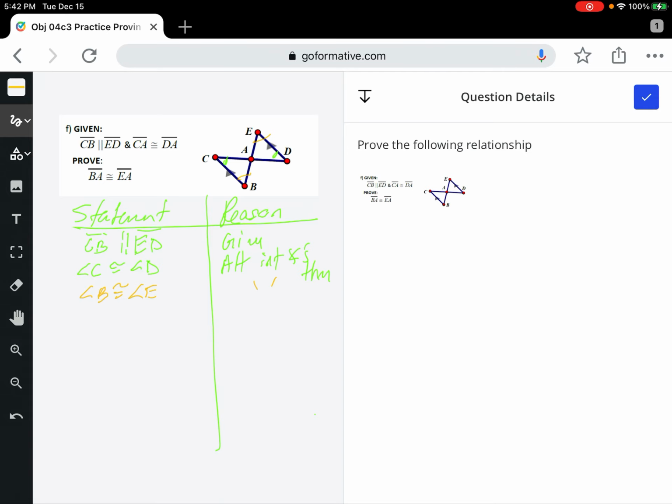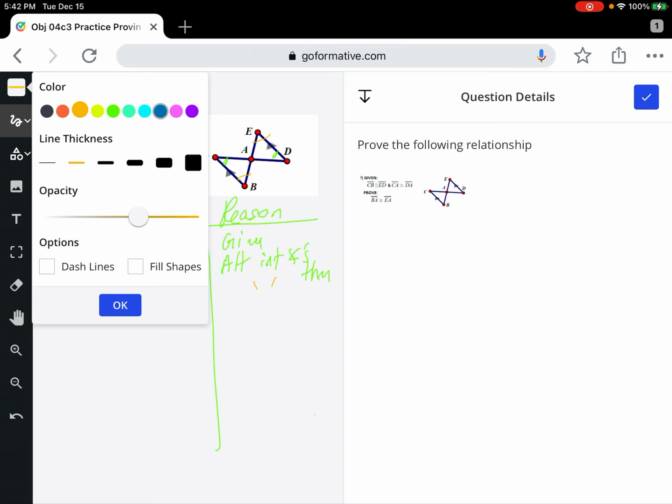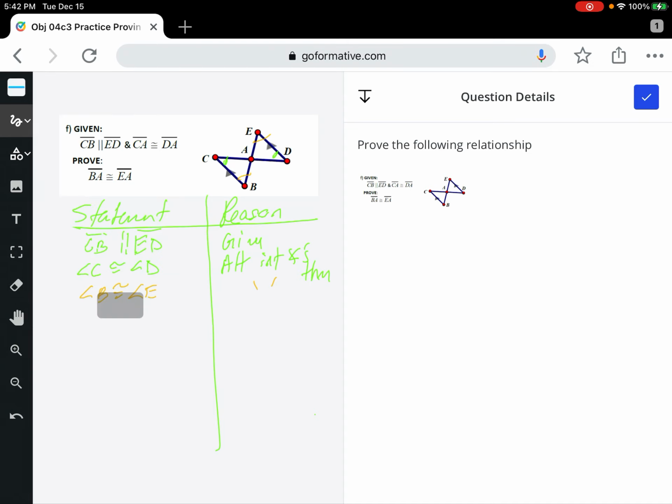Now I could use vertical angles, but it's not going to be particularly helpful in this case. I have my other given, I know CA is congruent to DA. That's given.